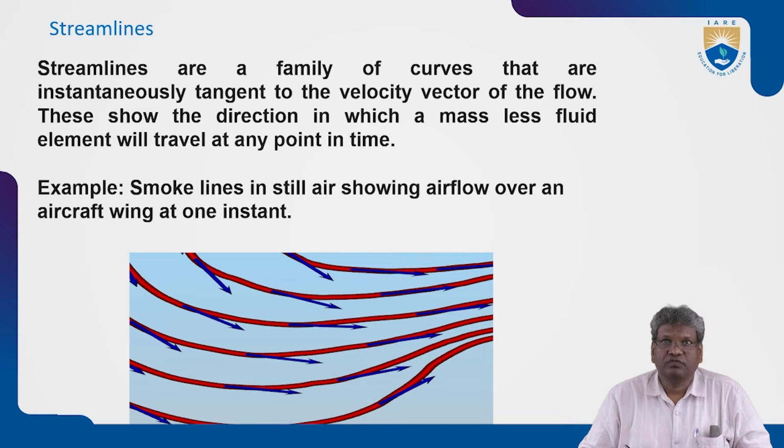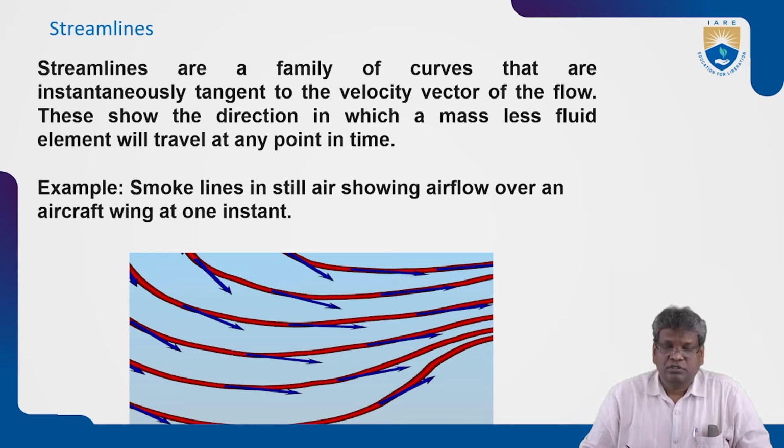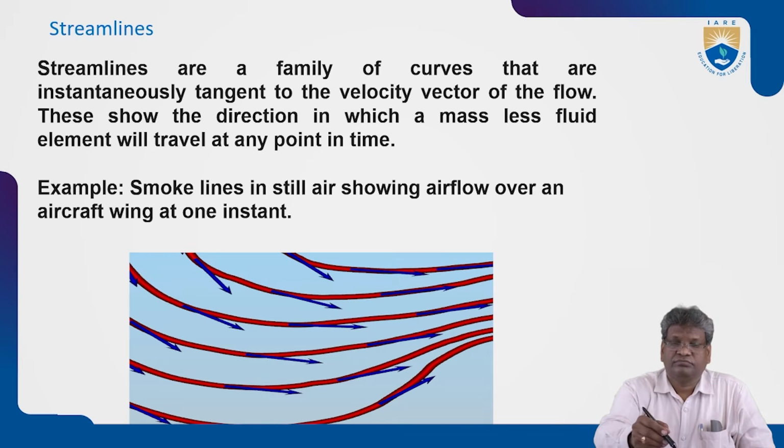When the fluid is flowing over the aeroplane, when air is flowing over a running automobile, especially in case of cars and trucks, how can this streamline be defined? Streamlines are the family of curves that are instantaneously tangent to the velocity vector of the flow.